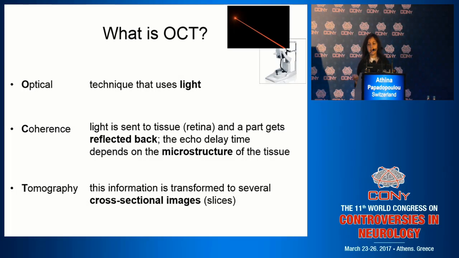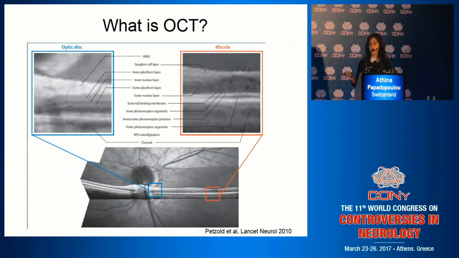So we get slices of tissue, and of the retina in this case. And why coherence? This is a little bit difficult to explain because it has to do a lot with light and physics. But if we simplify it, you can imagine that we send light to the retina of our patients. Only a part of this comes back to us and is transferred into a signal, but this signal depends on the structure of the tissue.